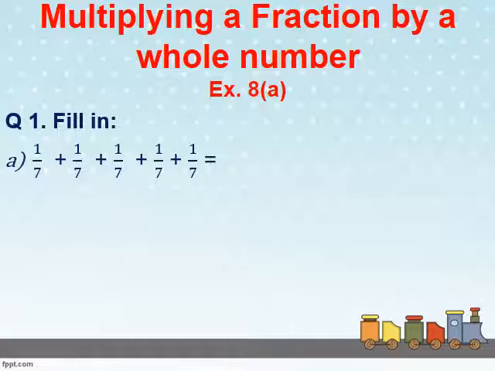As you know, we are adding 1 by 7 five times. So what we will do? We will multiply 1 by 7 by 5 and we get 5 by 7 as our answer.